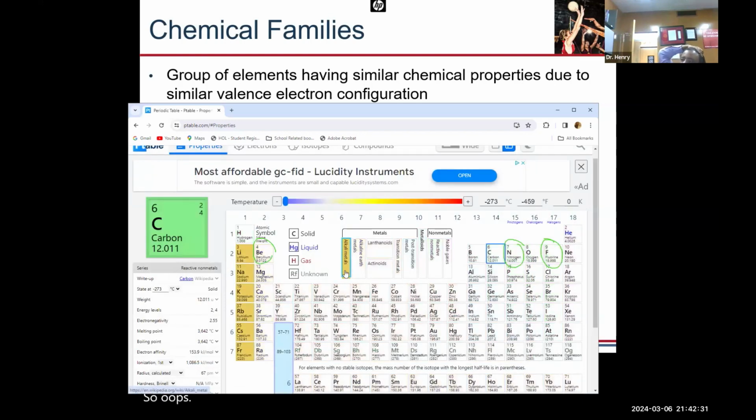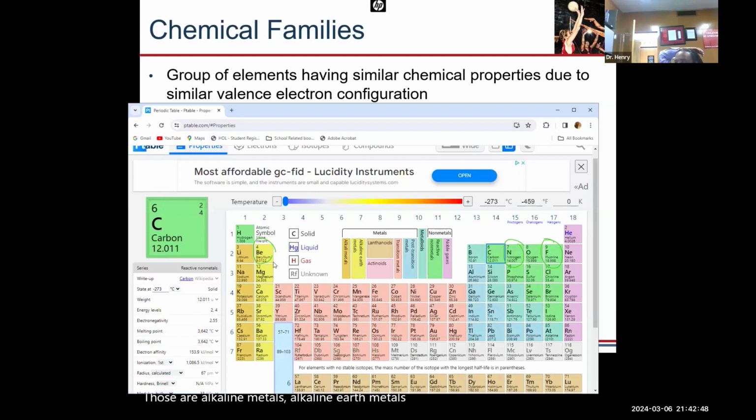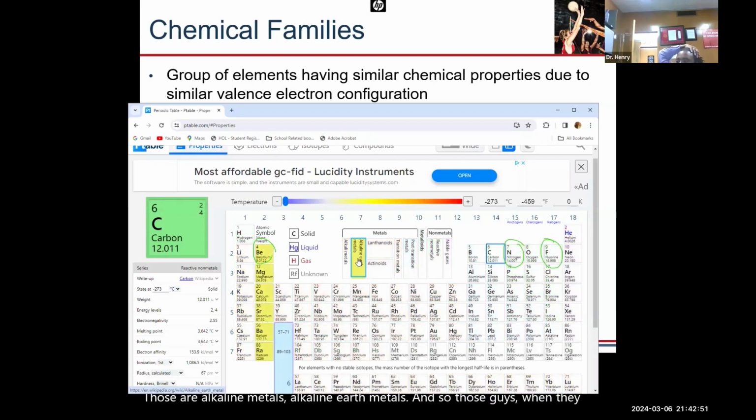Alkali metals, when they form ions, they're always going to be a +1 charge. In other words, when they lose that one electron, it's going to be a +1 charge. Group two metals, those are alkaline earth metals. And those guys, when they lose 2 electrons, they're going to be a 2+ charge.